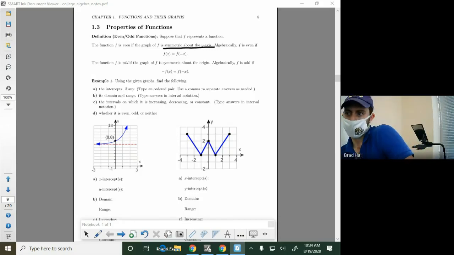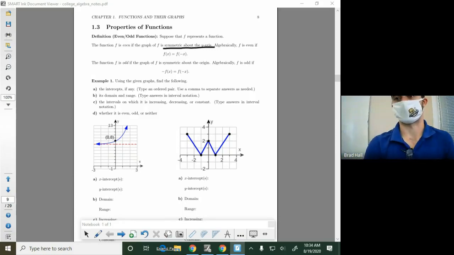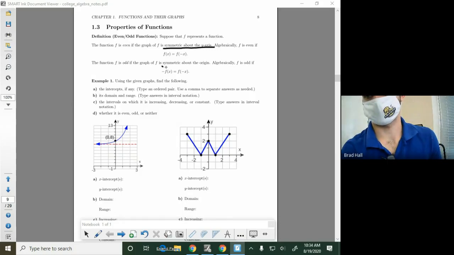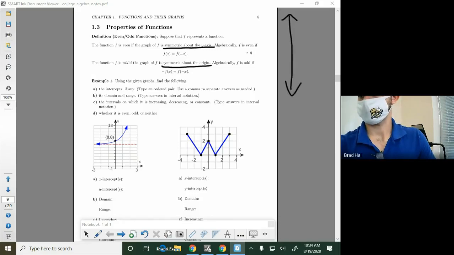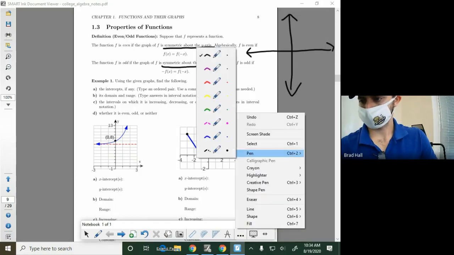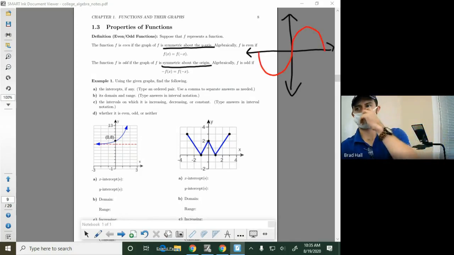So algebraically, we'll get to the algebraic definition later on, but we'll start off with the graphical representation. A function is odd if it is symmetric about the origin. I mentioned this before. If you want an idea of what an odd function would look like, in fact, you might even have this as a homework question, a graph that looks like this.